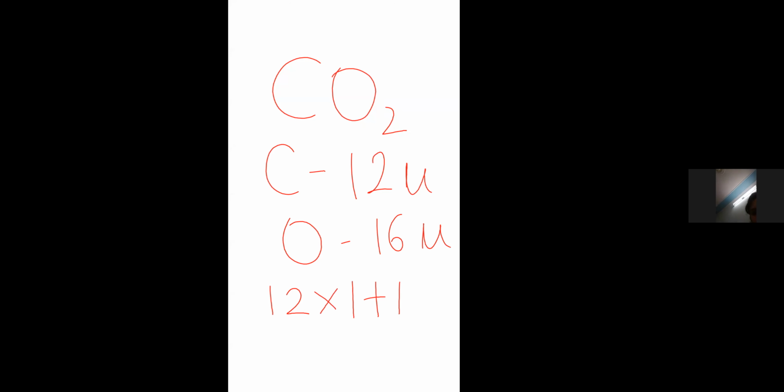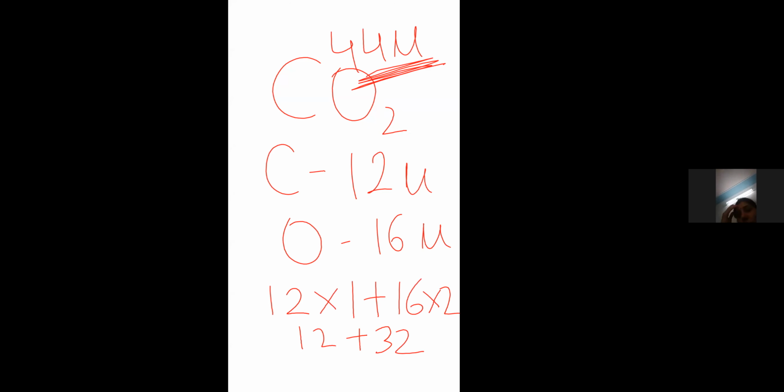Oxygen has mass 16, and how many atoms of oxygen are here? 2. So 12 plus 16 into 2, that is 32. What will we get? 44 u. So 44 u is the molecular mass of carbon dioxide.